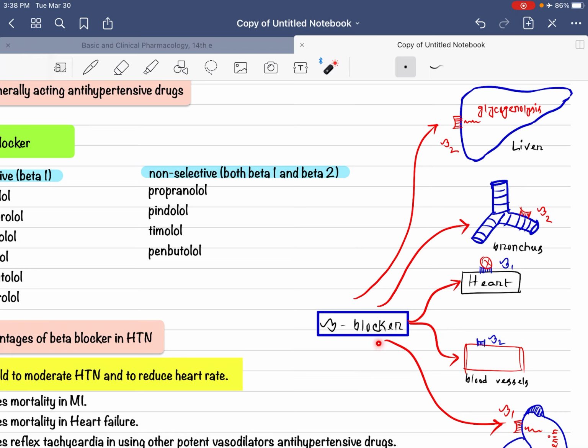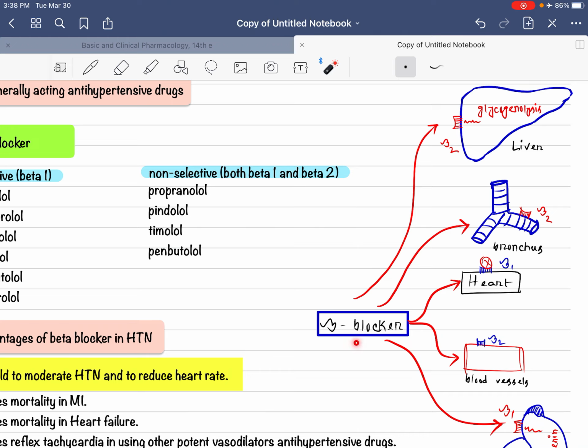So if we give a beta blocker drug, it will also block the beta 2 receptors of blood vessels. That's why the agonist cannot bind with the beta 2 receptors, and vasodilation cannot happen. That means vasoconstriction will occur, TPR will rise, and blood pressure will rise.